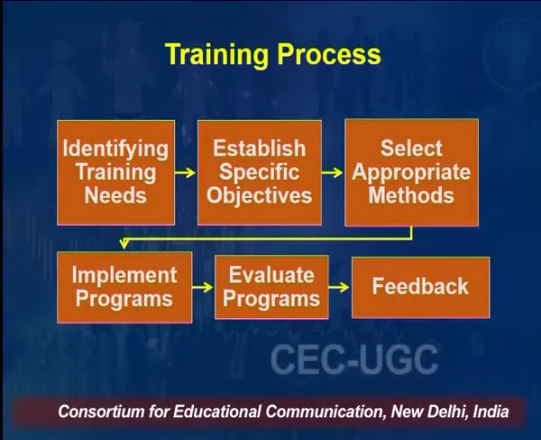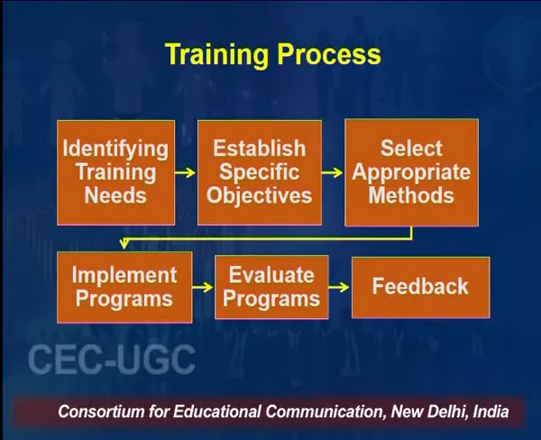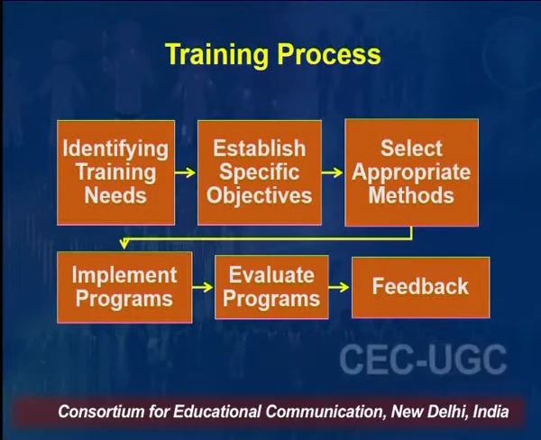After evaluating your training, you get the feedback from your trainees as well as the trainer. These are the 6 steps of the training process, and we are going to learn about all these steps one by one. So, friends, the first step, as I said, is identifying training needs.